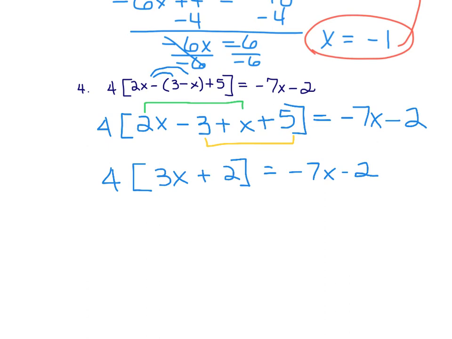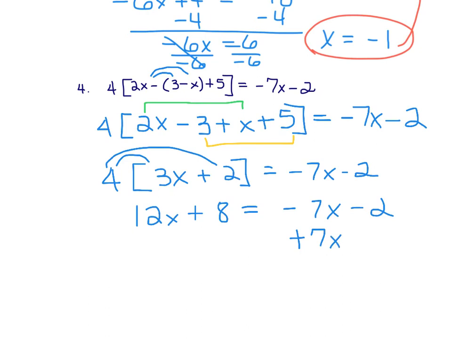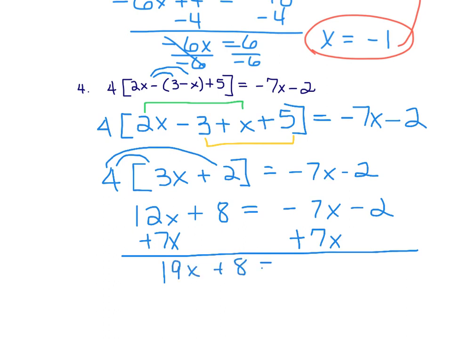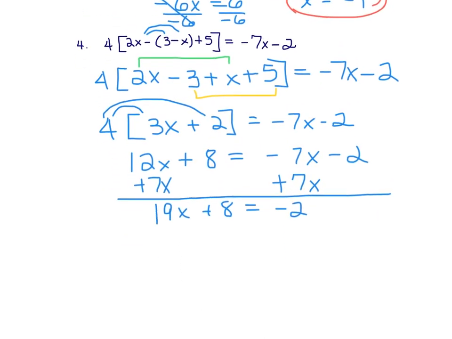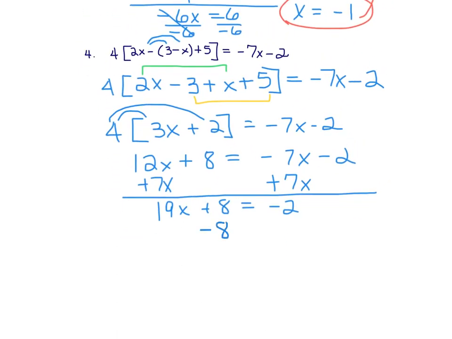I now have to distribute the 4 to the 3x and to the 2. 12x plus 8 equals -7x minus 2. I now need to group my like terms. So I'm going to add 7x. I get 19x plus 8 equals -2. I now need to move the 8 by subtracting it. 19x equals -10.